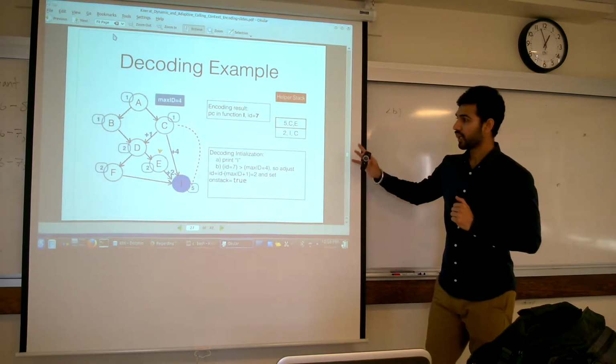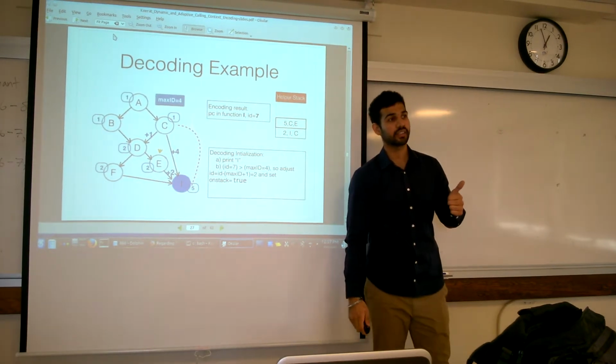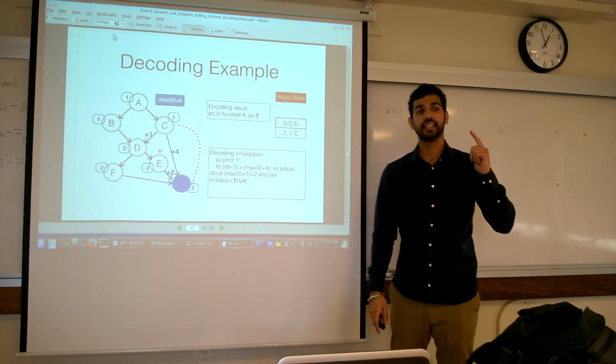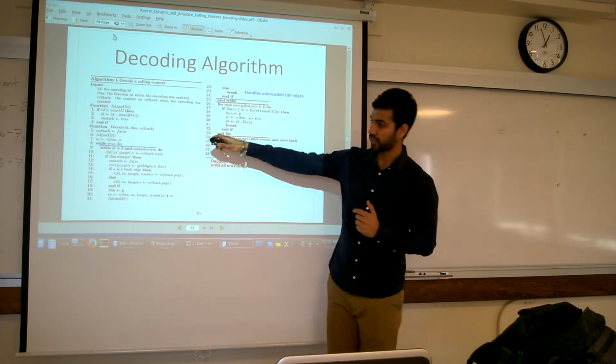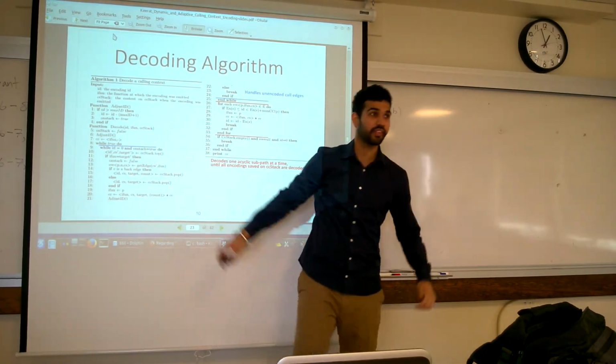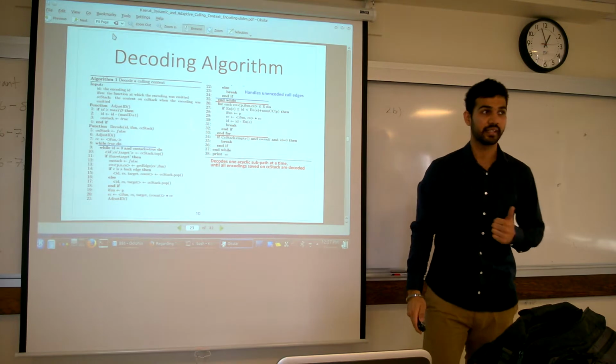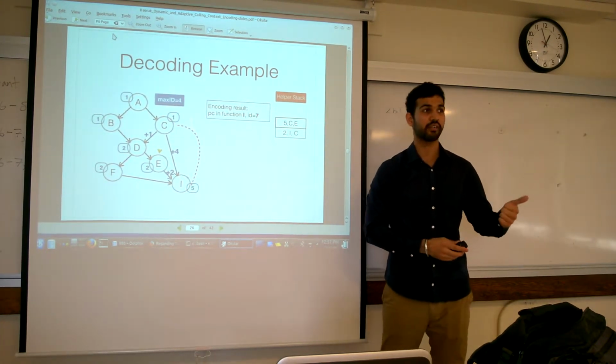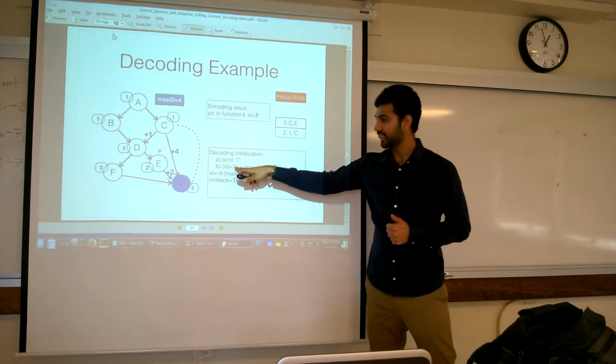So the first thing the decoding function does is, as I said, call the adjustID function. The adjustID function that's right here. It will check if the ID is greater than the maximum ID. Since we talked, the maximum ID has not changed. It is still 4. Now the ID is 7.